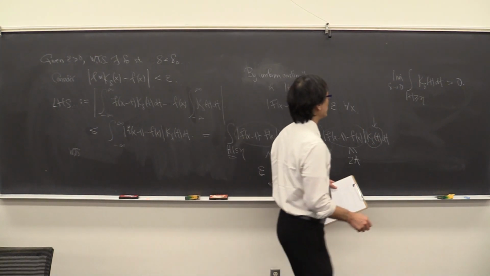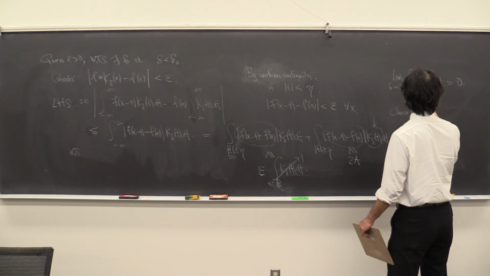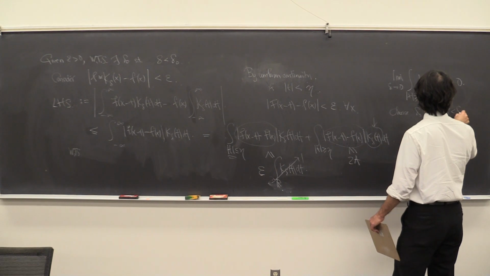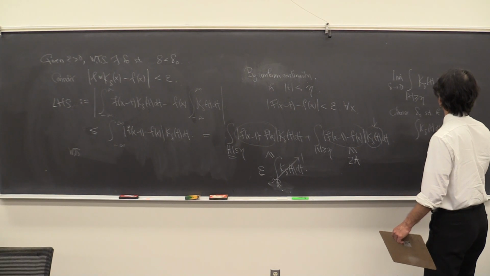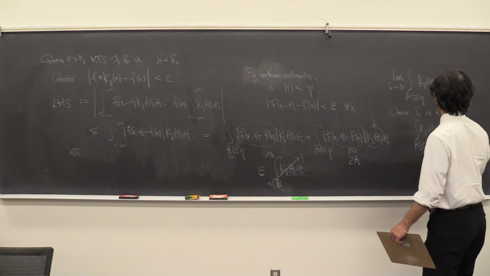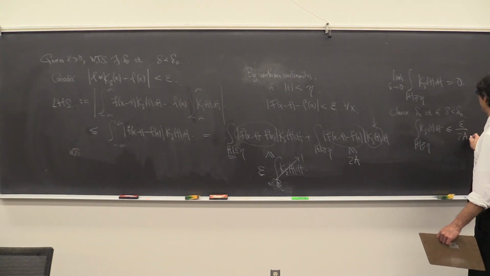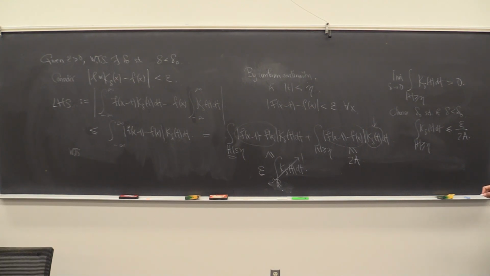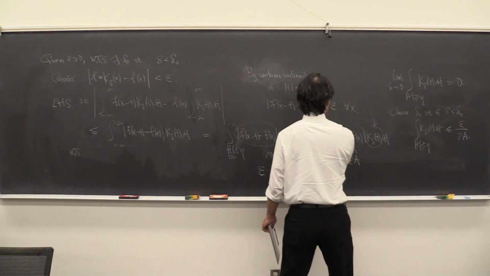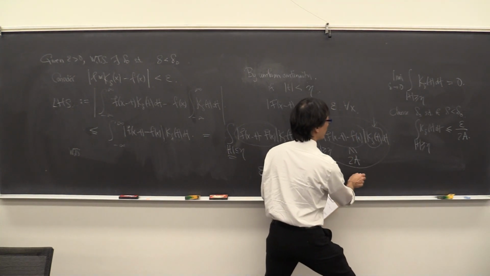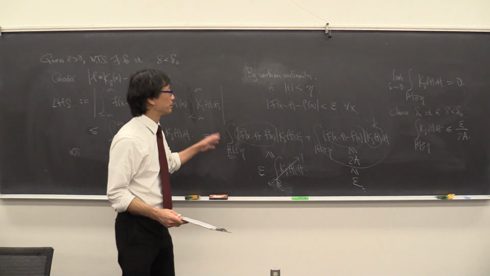So just choose delta naught so that if delta is smaller than delta naught, then this thing is smaller than epsilon over 2a. So as long as delta is smaller than delta naught, this whole term is going to be smaller than epsilon, and we get what we wanted.